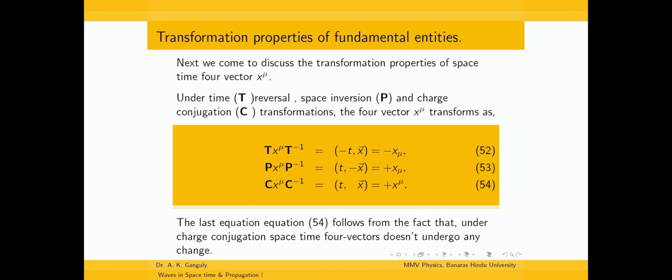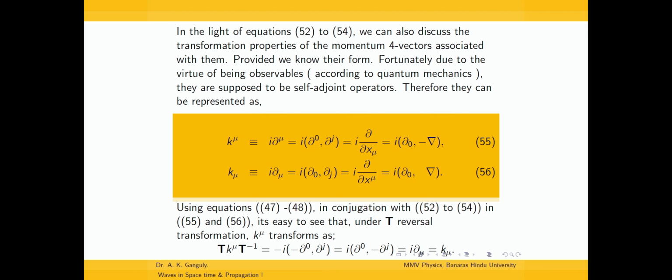What is left is a wave vector that usually is represented by k mu, and it is related to its counterpart in the dual space or Fourier space by i del mu.